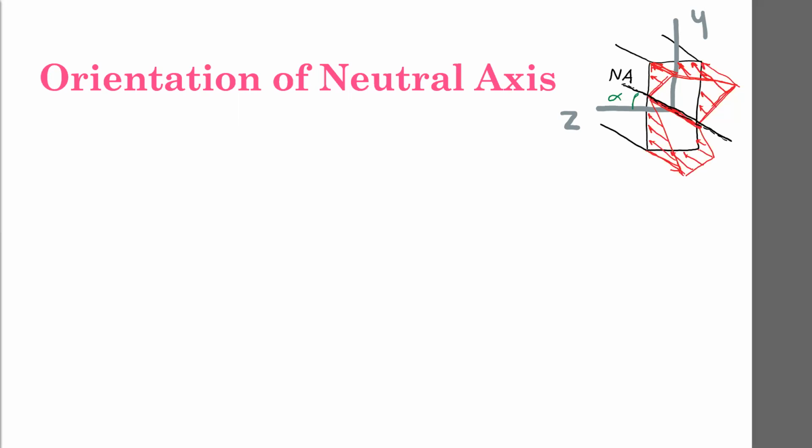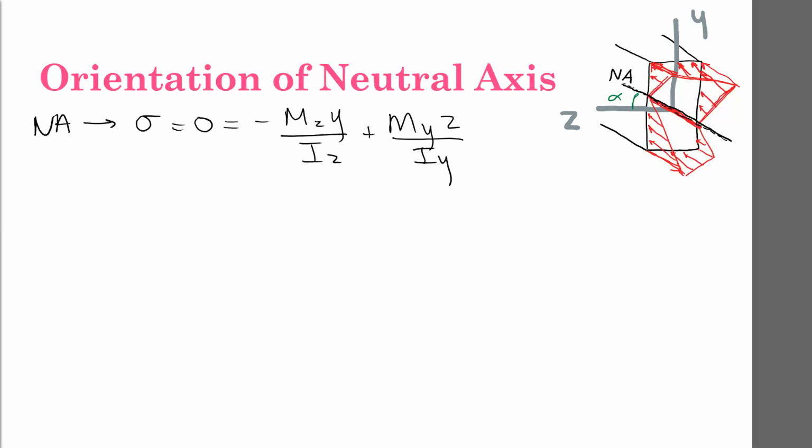So let's start by remembering, what does it mean to be on the neutral axis? What is the normal stress on the neutral axis? Good. The neutral axis tells us that the stress is equal to 0. So I can say that means negative Mz y over Iz plus My z over Iy equals 0 when I'm on the neutral axis.